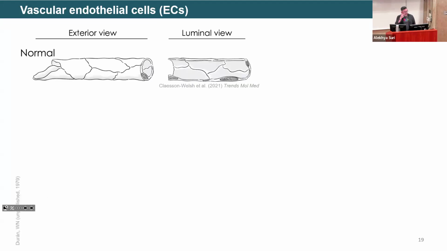So when you take a look at a blood vessel, and this represents either a very small venule or a capillary, the endothelium looks like this. These endothelial cells form junctions between each other. They wrap themselves around the lumen of the blood vessel.